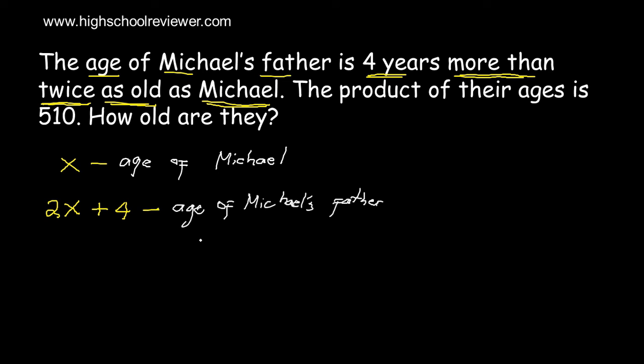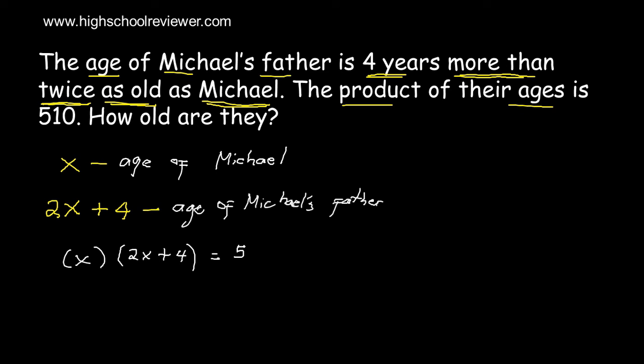Now let us continue reading the second sentence. The product of their ages. This means that we will multiply their ages. The age of Michael is x, so this will be x multiplied by the age of Michael's father, which is 2x plus 4. And this will be equal to 510, since the product of their ages is 510.